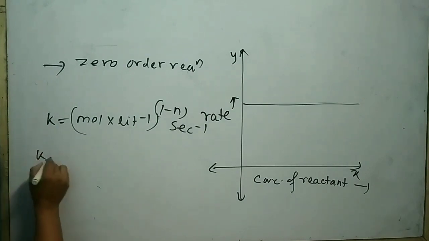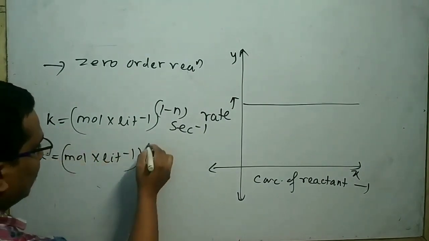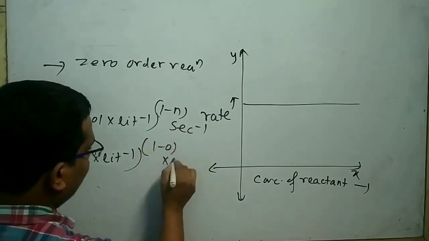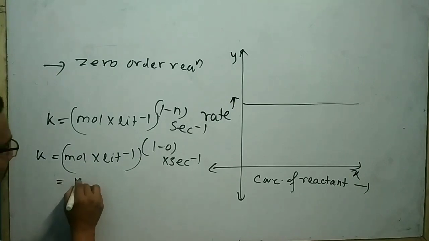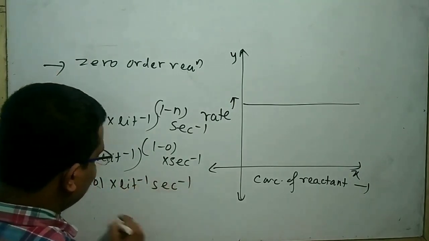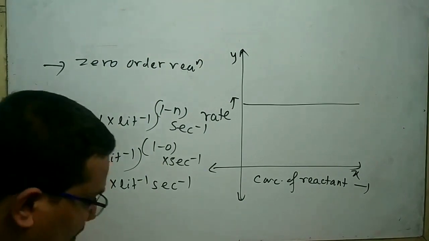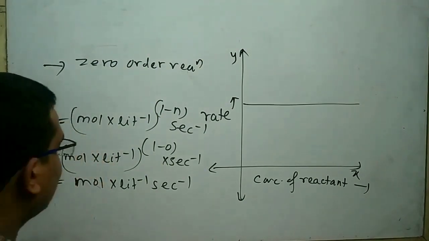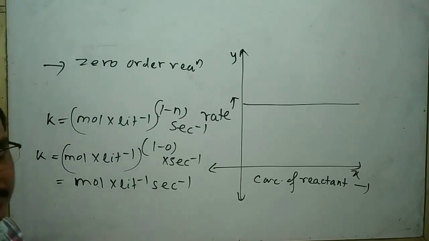So we can write k equal to mole into liter inverse power 1 minus 0 into second inverse. So the unit of k is mole into liter inverse second inverse. This is the unit of k for a zero order reaction. The answer is mole into liter inverse second inverse.